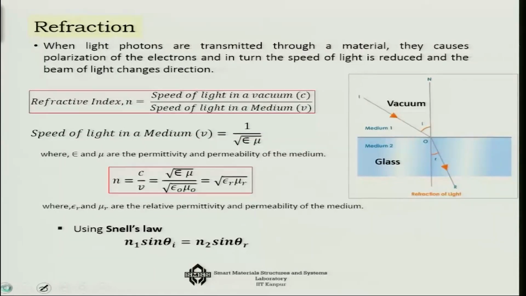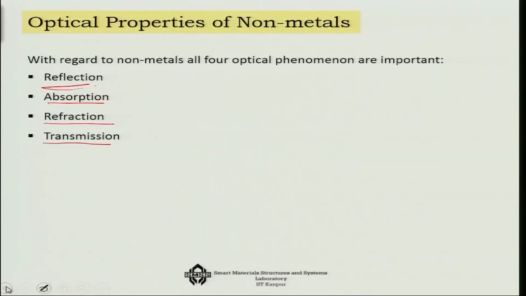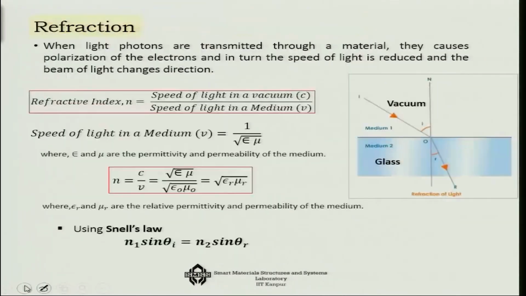First of all, we will talk about the refraction of a system. When light photons are transmitted through a material, they cause polarization of the electrons, and in turn the speed of the light is reduced and the beam of light changes its direction. Okay.